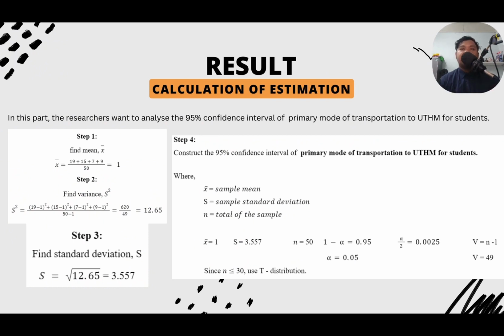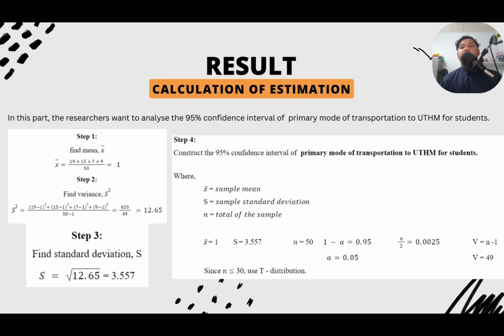standard deviation equal to 3.557, the total of the sample is 50, and to get our alpha, we need 1 minus alpha equal to 0.95. We get alpha by transferring 1 to the other side, which is 0.05.